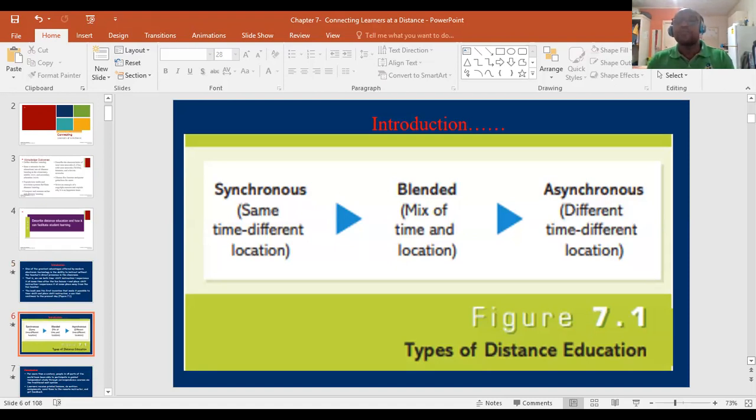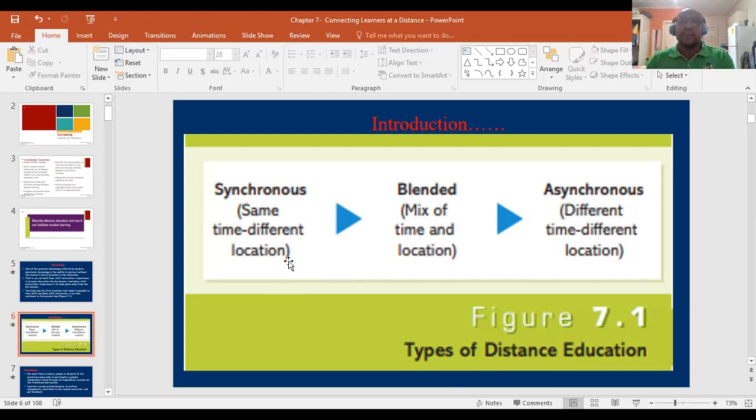Now, there are basically three types of distance education, as emphasized in much of what we see in literature. And I'm sure you discussed in the course ICT in education issues to do with synchronous and asynchronous communication or instruction. I want to remind you that when we talk about synchronous instruction, this is a situation where instruction actually takes place at the same time, but in different locations, right?